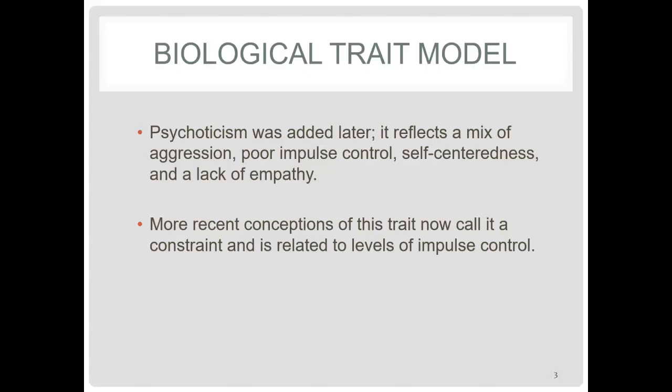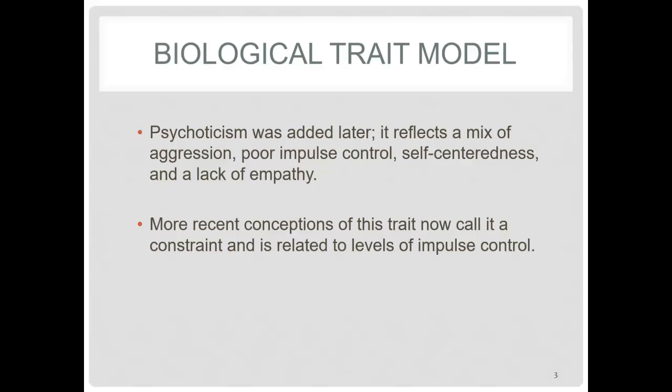But a third, psychoticism, was later added. It reflects a mixture of aggression, poor impulse control, self-centeredness, and a lack of empathy. More recent conceptions of this trait now call it constraint, and it's related to levels of impulse control.